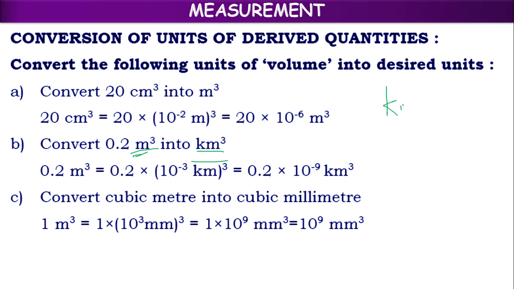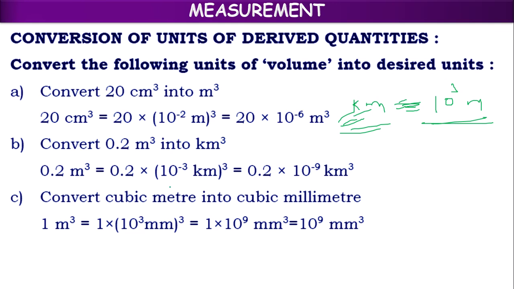Let's see first kilometer to meter. Kilo means 10 power 3, kilo means 1000. So kilometer equals 10 power 3 meter.